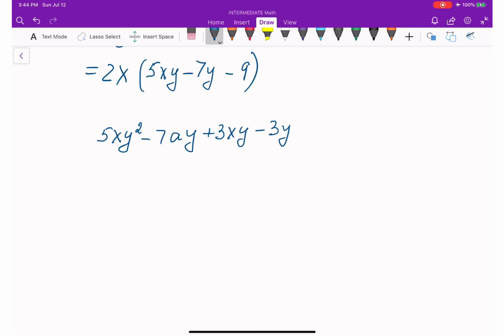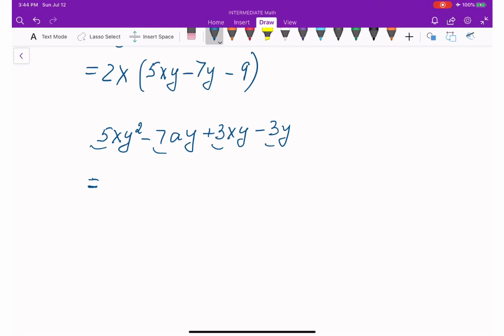All right, let's see. 5, 7, 3, and 3. Well, there is no number all these 4 can be divided by, so we don't have any coefficient coming out. There is no common factor, much less greatest one. So there is no common factor for numbers at all.